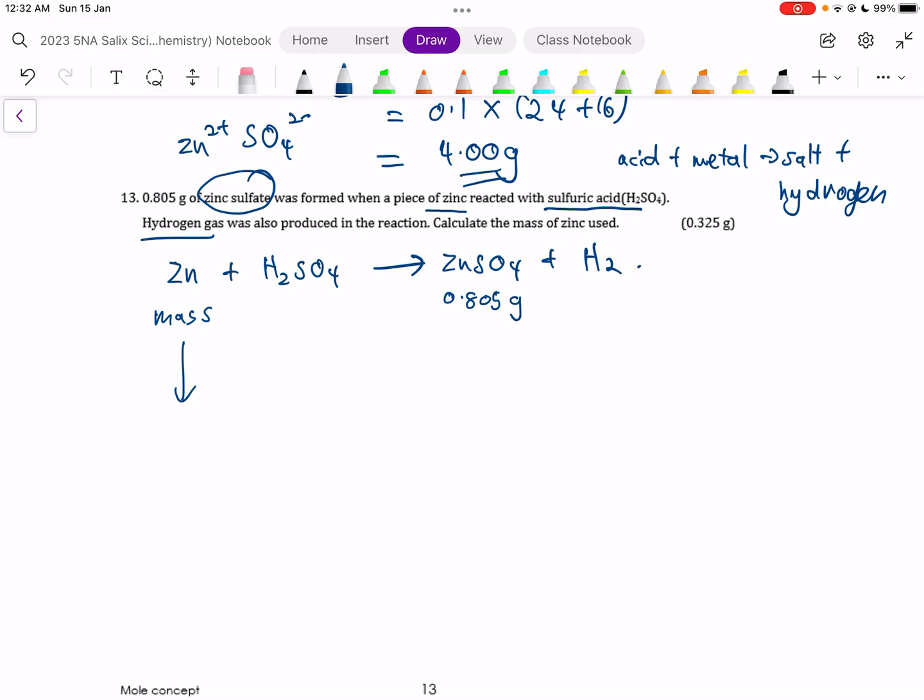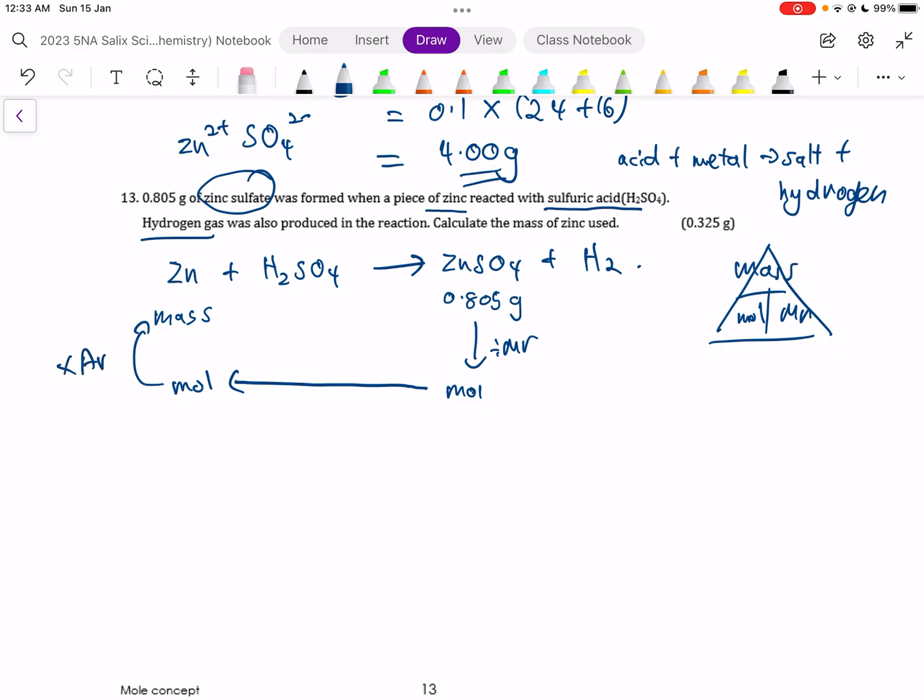Same thing, you need to go to mole, so change this to mole by dividing by Mr. Then you mole ratio over, which is 1:1. Then you multiply by the Ar to get the mass.